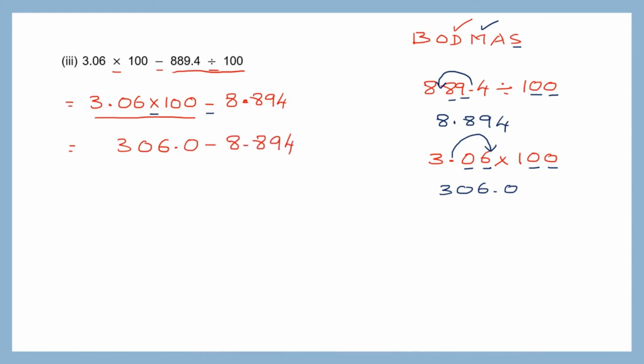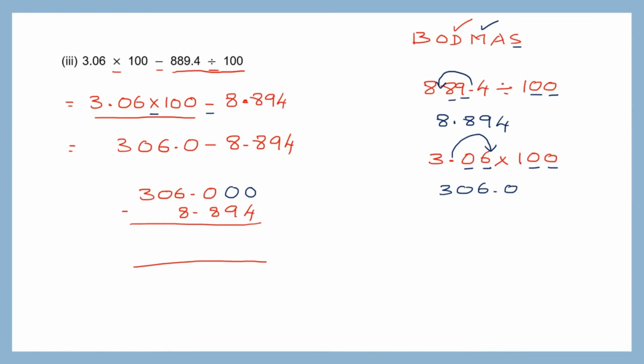8.894. Okay, so let me do that subtraction. 306.0 minus 8.894. Okay, now let's write down all the missing numbers to make them like decimals. So I've put two more zeros. Now they have become like decimals. Let me start my subtraction. 0 minus 4 I cannot do.